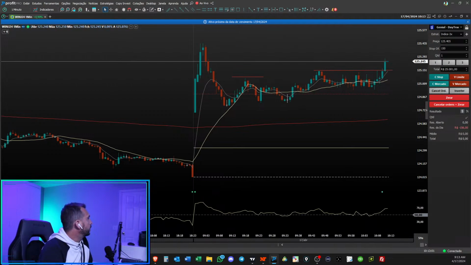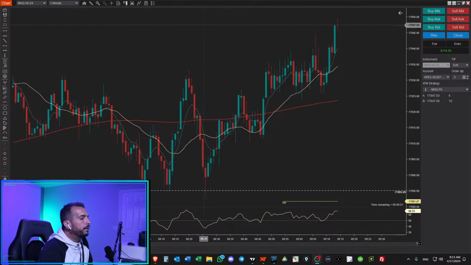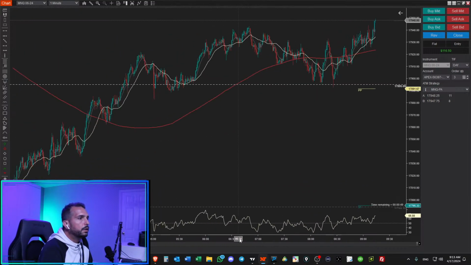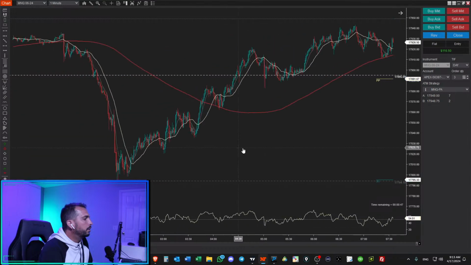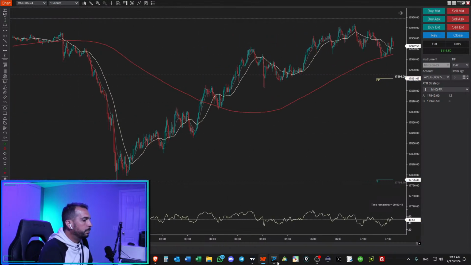Now on the other hand, on the NASDAQ, I did a couple of trades. I did a trade yesterday, somewhere in this area. Let me pull my little tool.